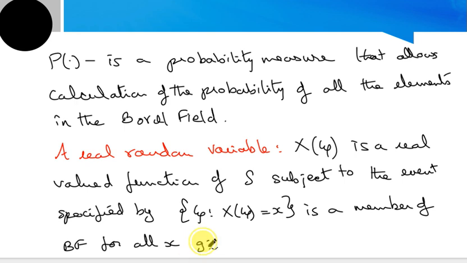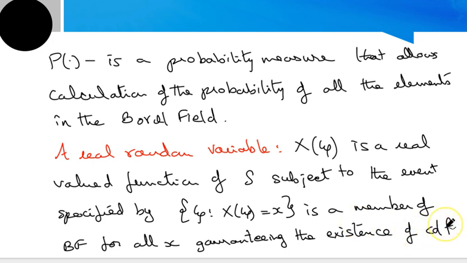guaranteeing the existence of the CDF. What is CDF? CDF is your cumulative distribution function. So how do we write this? We write it as the probability of the set of eta where x of eta is less than or equal to x.